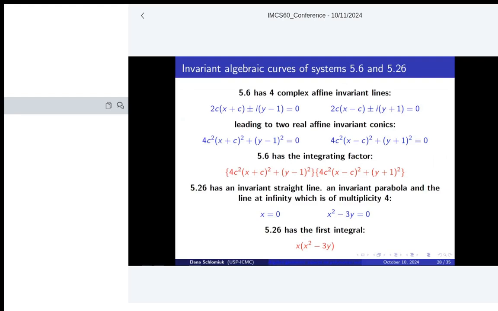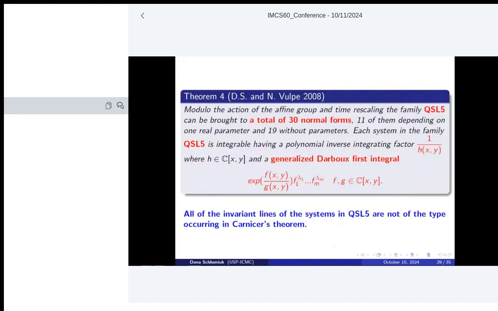Now, on the right-hand side of the preceding pictures, we had an invariant line which was x equal to 0, and also a parabola, which is x squared minus 3y equal to 0. And we have a rational first integral, actually a polynomial first integral, which is x times (x squared minus 3y). Next page, please. And we have the following theorem concerning the QSL5 family: modulo the action of the affine group and time rescaling, we have a total of 30 normal forms for these systems. 11 of them depend on only 1 parameter, and 19 are without parameters.